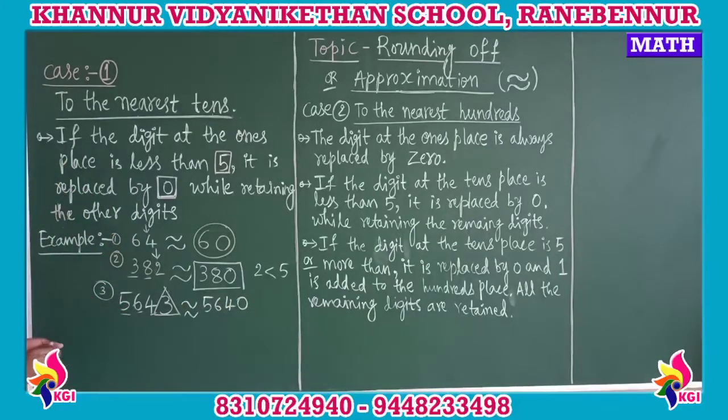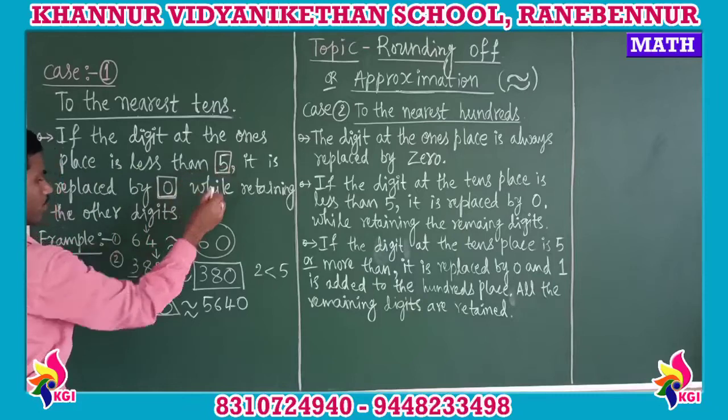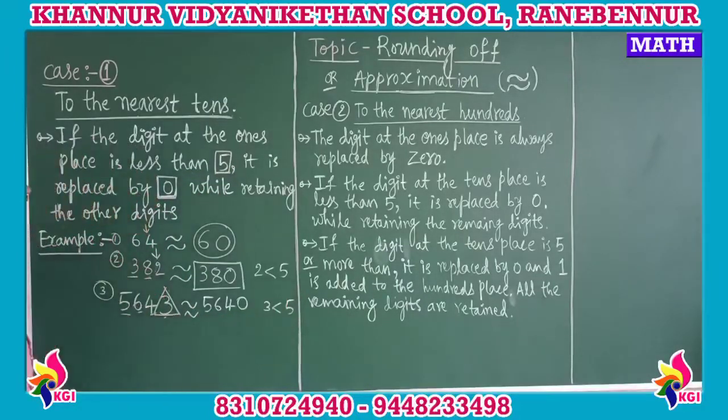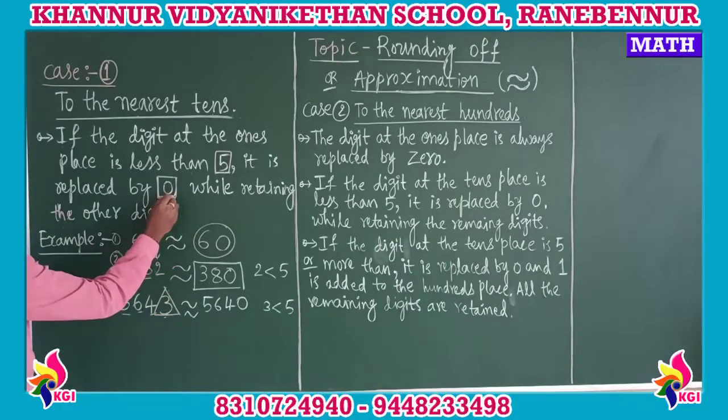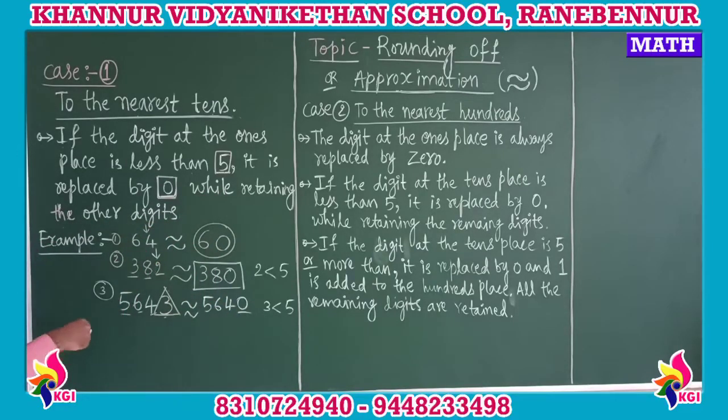Why are we writing 0 in the ones place? The condition is that if the digit at the ones place is less than 5, and of course 3 is less than 5, that's why we replace it by 0 while retaining the other digits. Understood?